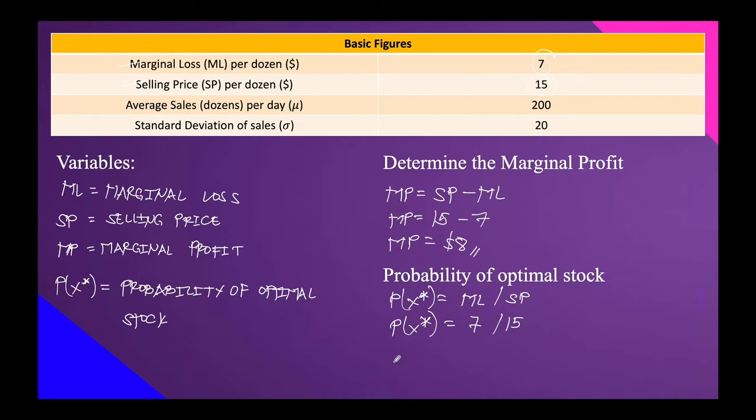So 7 divided by 15, that will be the probability of optimal stock, which is equivalent to 0.47 or 47%.